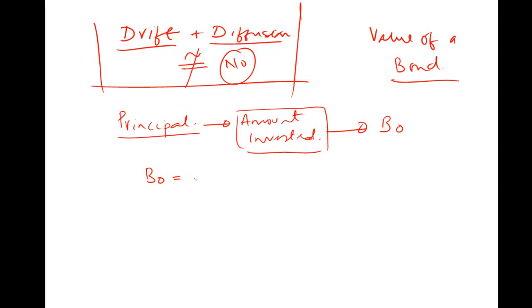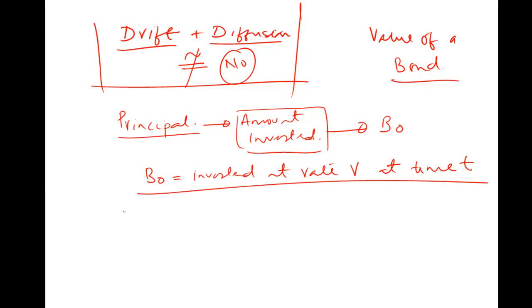So B0 basically says, I've put in $100, and my question is, how would this investment, how would this amount grow? It's going to grow at a rate R over a period of time T.